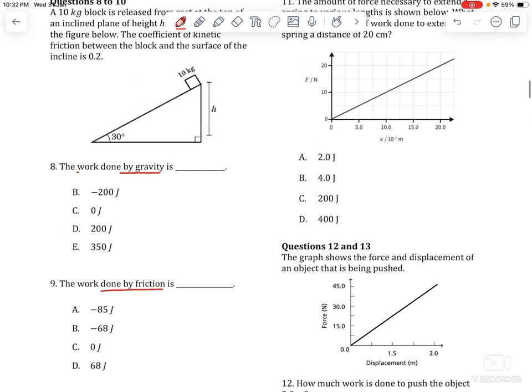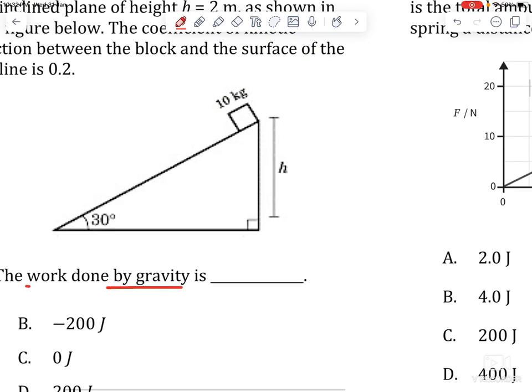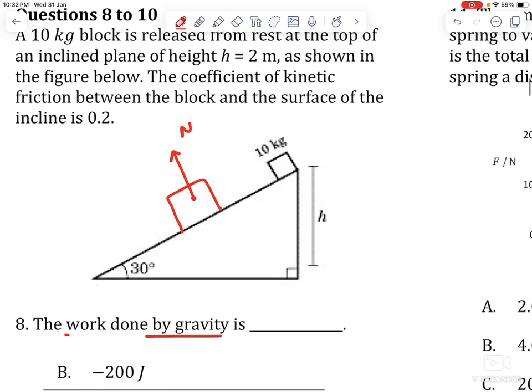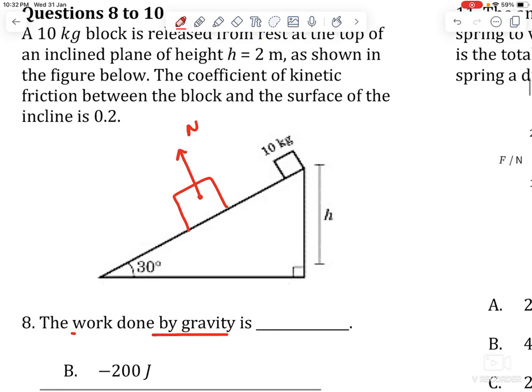Now, starting with the easiest one, I will start with the normal, which is perpendicular to the displacement. As it is falling, the friction is to the back, and the gravity is vertical downward.